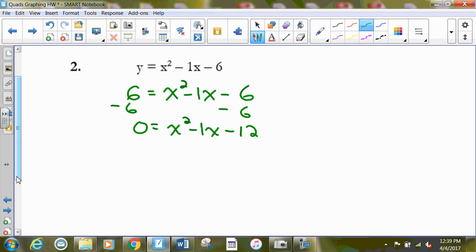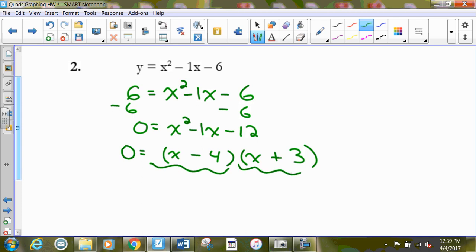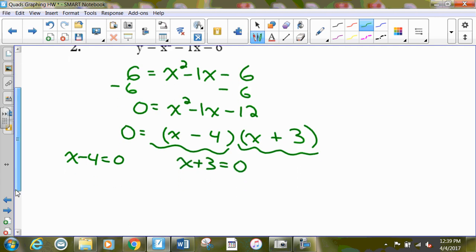But when I think of 2 numbers that multiply to equal -12 and add to equal -1, I think about -4 and +3. Negative 4 times 3 is negative 12. Negative 4 plus 3 is negative 1. That works. And because we have something times something equal to 0, we know that either one of those somethings or both those somethings have to be equal to 0. So we go ahead and solve.